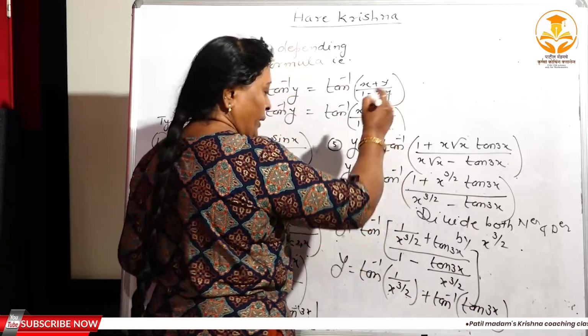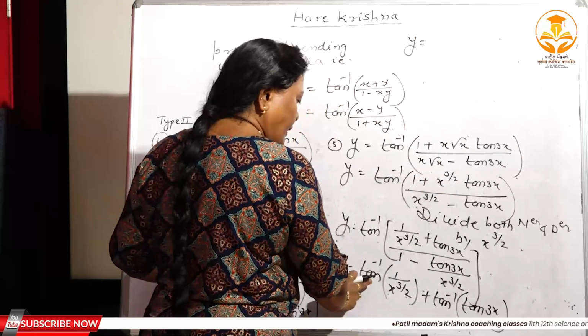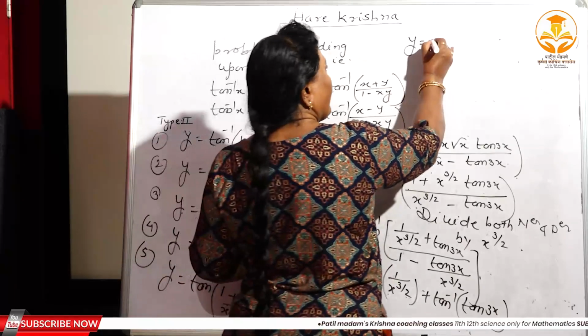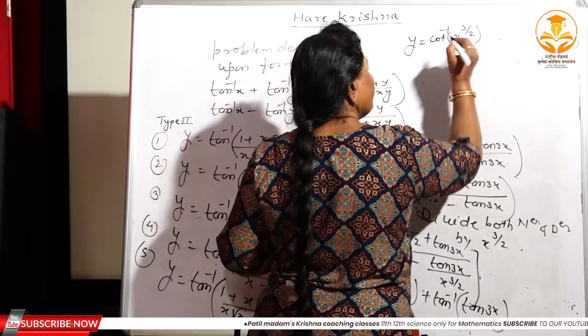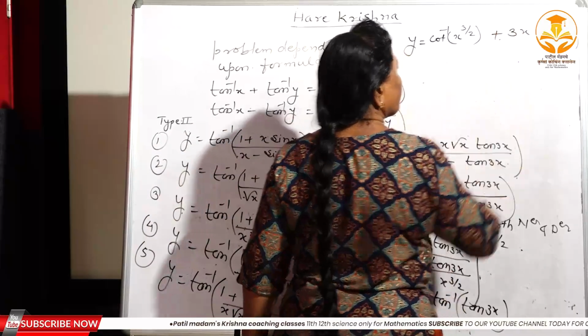Now again y is equal to tan inverse of 1 upon x to the power 3 by 2, which you can write as cot inverse x to the power 3 by 2, taking the reciprocal. Here again tan inverse tan gets cancelled, and what remains is 3x.